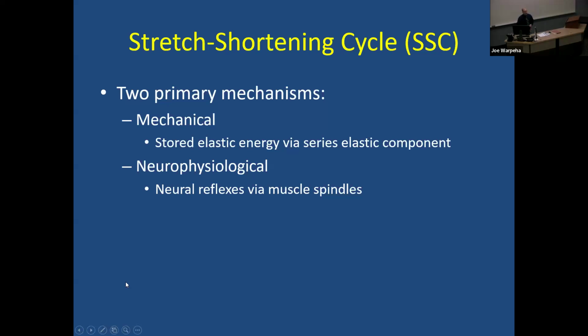2 things going on. Number one, there's a mechanical component. And that's basically something going on with stored elastic energy in elastic structures as part of the muscle, tendon, bone unit. And they call it the series elastic component, more on that in a little bit. And then there's the neurophysiological, and these are neural reflexes.